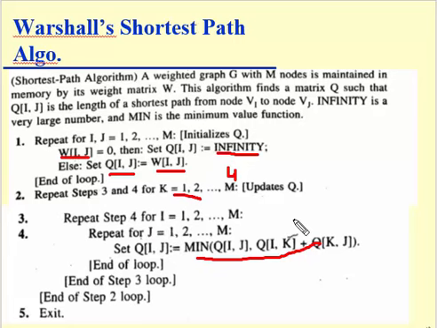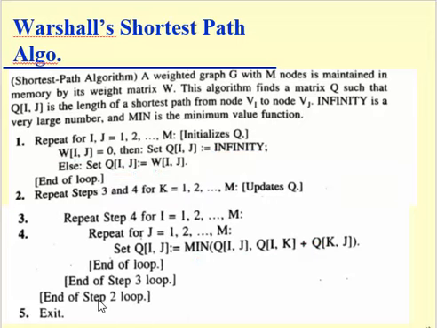So I is changing from 1 to M, J is also changing from 1 to M. And you are writing Qij should be minimum of Qij, that is the previous one, or you are going from I to K plus K to J.